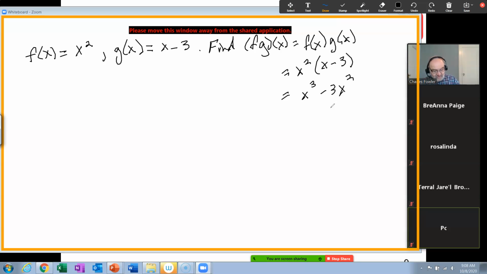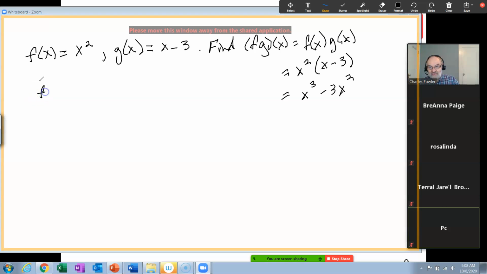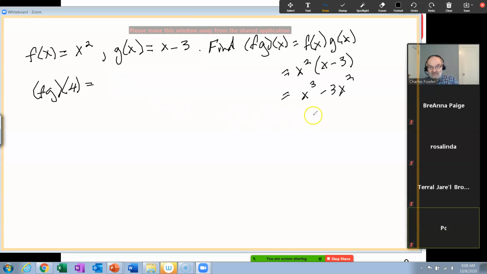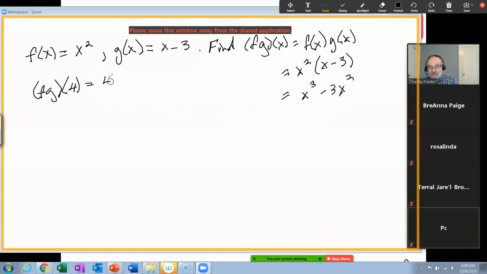It then says evaluate the product when x is equal to 4. So what we're trying to find is fg of 4. So we plug in everywhere you see an x here, you put a 4. That would be 4 cubed minus 3 times 4 squared.